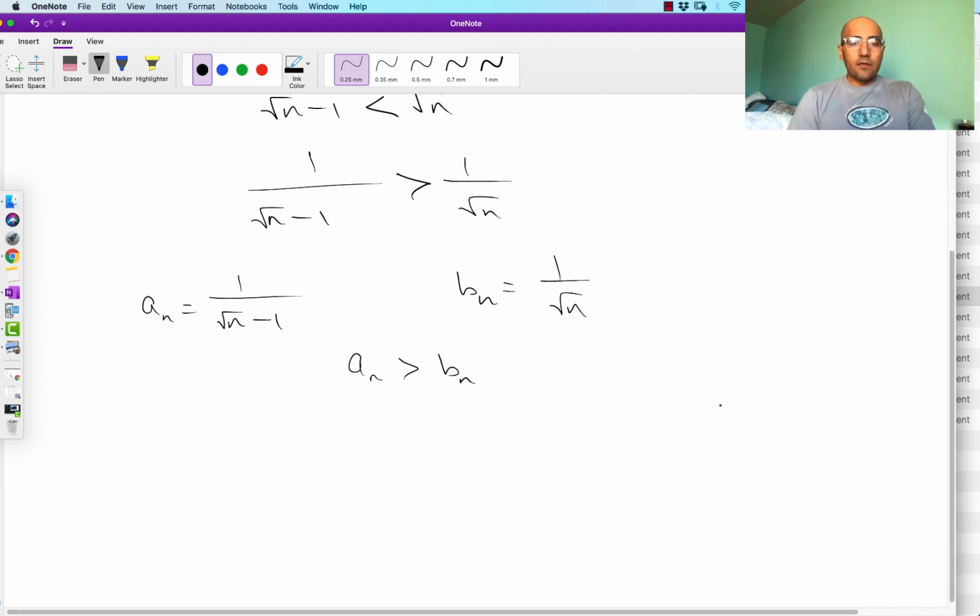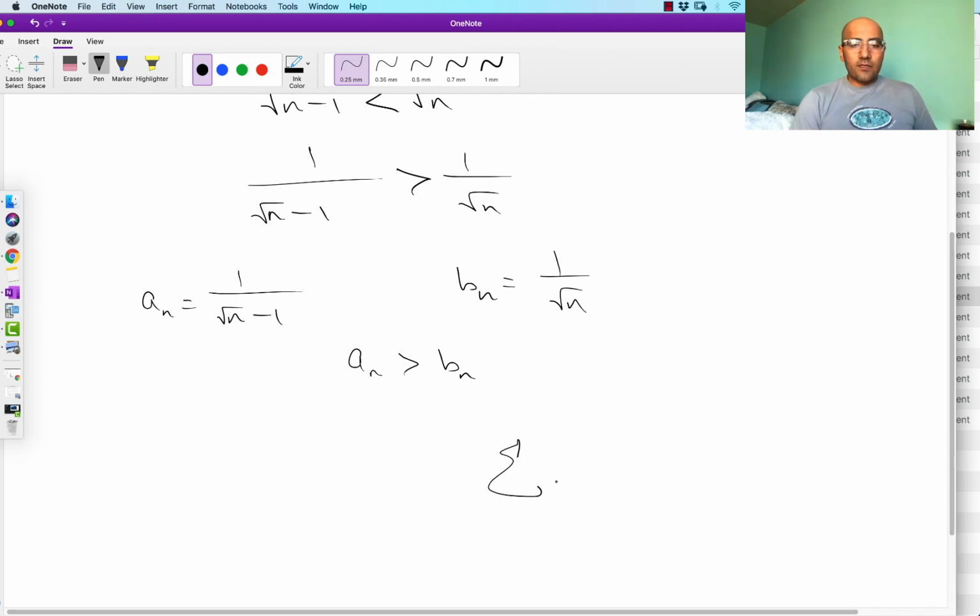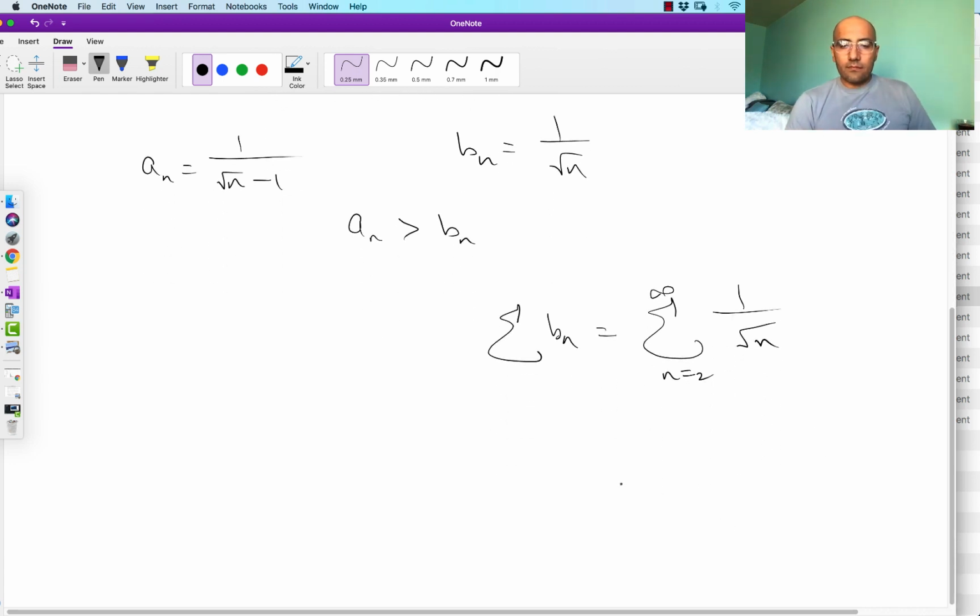Well, now if we consider the sum of the b sub n's, that's the sum as n goes from 2 to infinity of 1 over root n. Notice that this is the same thing as the sum from 2 to infinity of 1 over n to the power of a half.